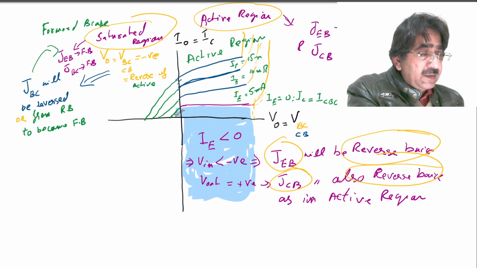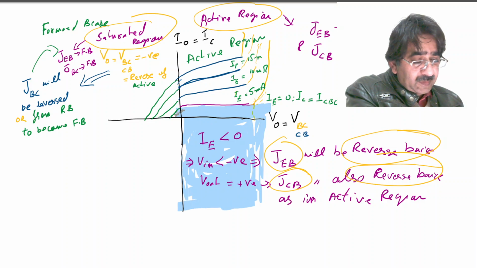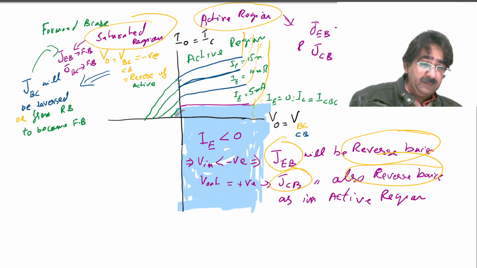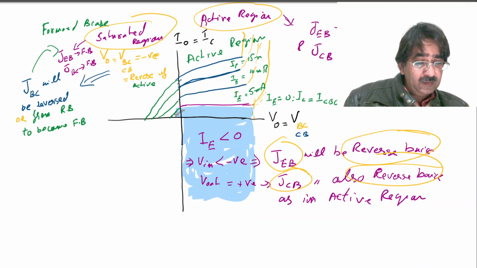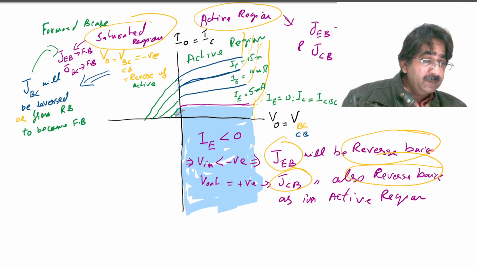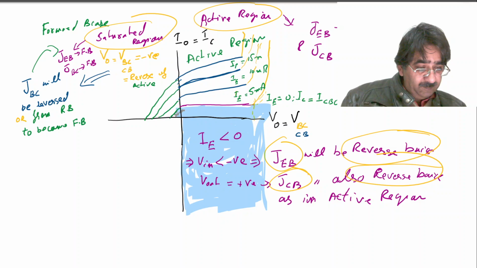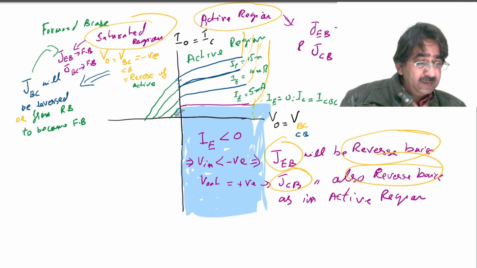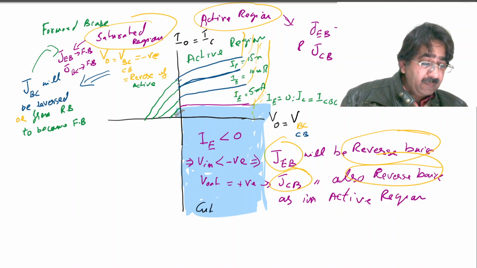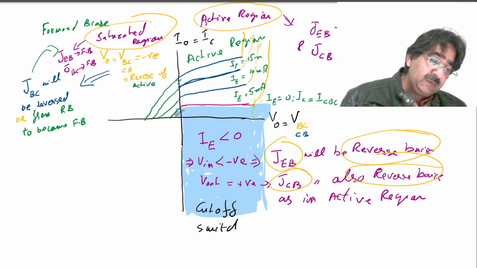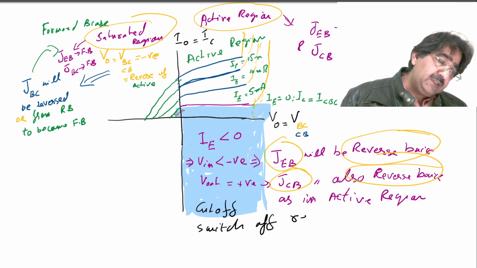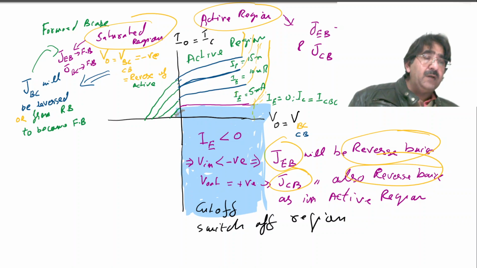So all this region will be a cutoff or switch off region, meaning no current will flow from this region.